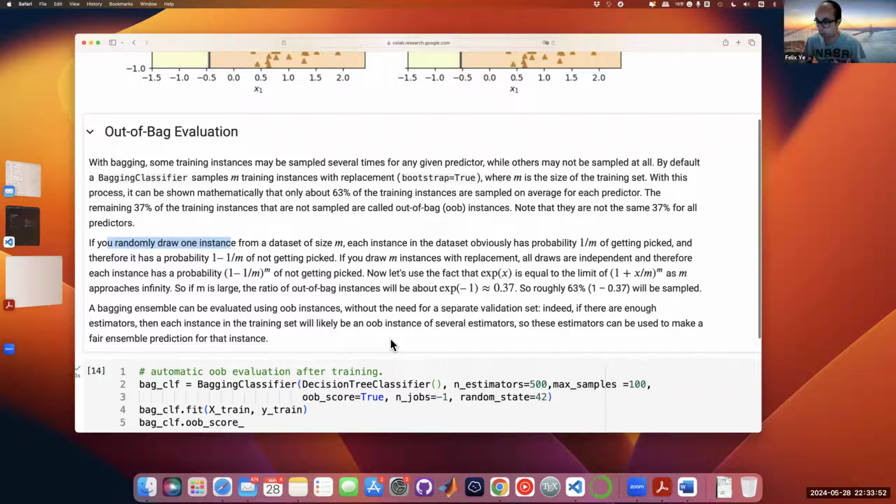If you're using the bagging strategy, there's no need to separate a validation data set, because you can naturally use out-of-bag instances as the validation data set. This is also a commonly asked question in data science interviews, whether you need a validation data set in bagging ensemble strategies. The answer is no.